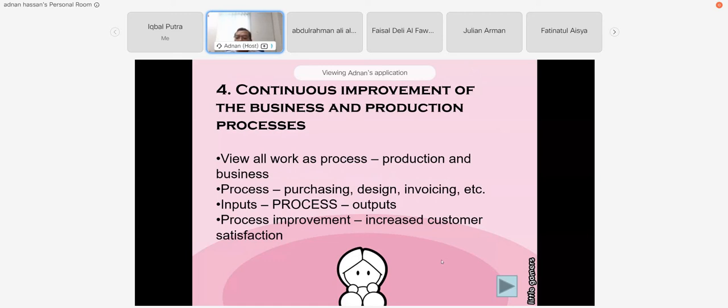When we have a lot of complaints, it means that our services or products are no good. Good quality means that the customer will come back and buy more products. What we call repeat buyers. Repeat customers are very important.